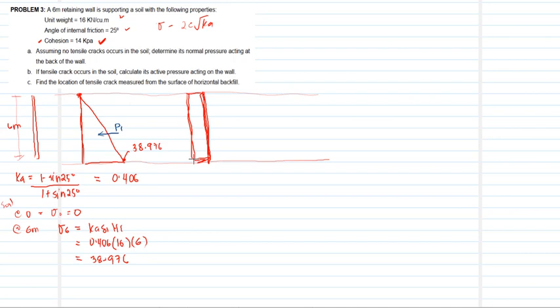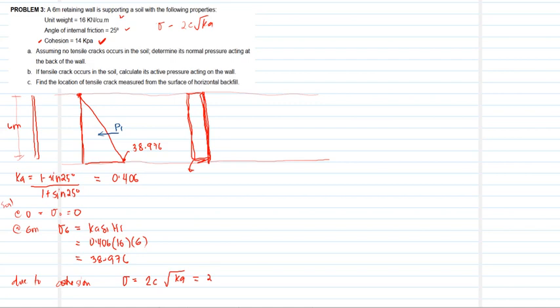And then, ano yung magiging value ngayon ng ating pressure due to the cohesion? Diba? Ano yung magiging value natin? So, due to cohesion, ang pressure natin is equal to 2C, the square root of Ka.